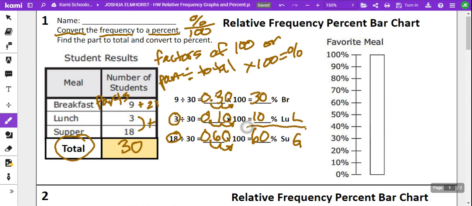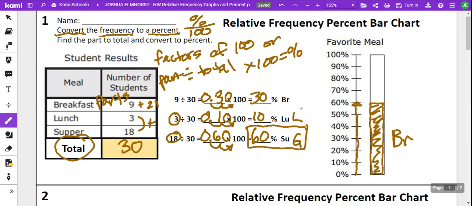So we're going to start with 60% chose supper. So you're going to go up 1, 2, 3, 4, 5, 6. I'm going to go up to 60%. And if you want to shade that in, that's fine. So 60% chose breakfast.